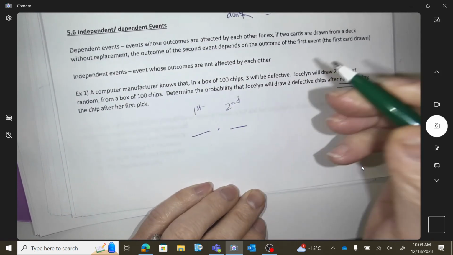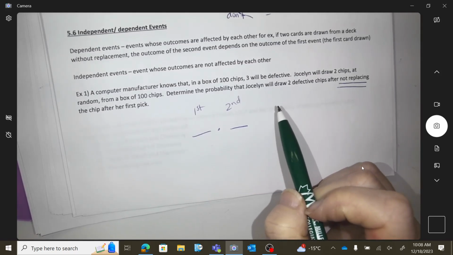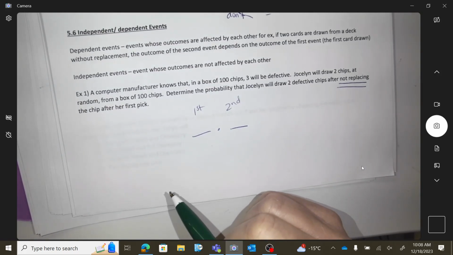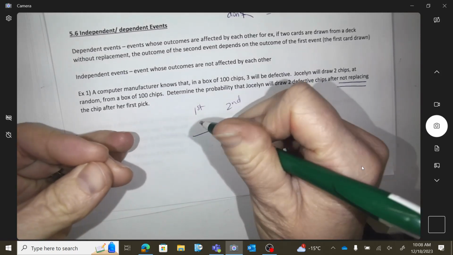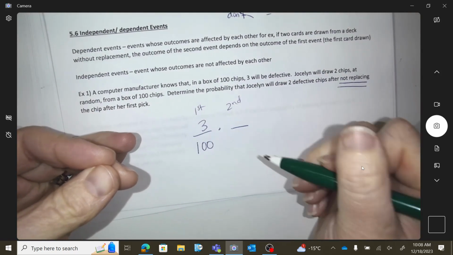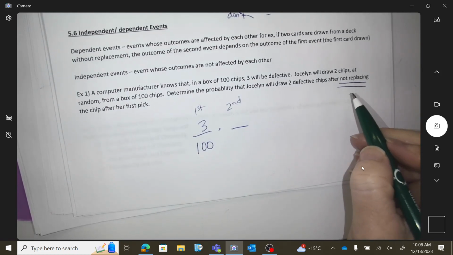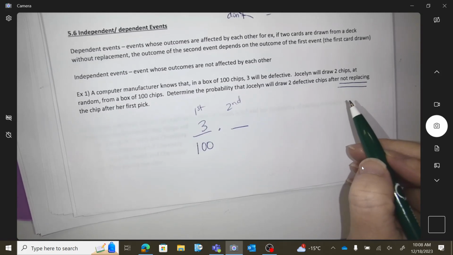Okay, so my first draw, what are the chances of me picking a defective chip on the first try? How many? 3 out of 1. 3 out of all possible 100. Okay, then you don't replace that. So you're visualizing yourself taking that chip and then you just put it in your pocket.